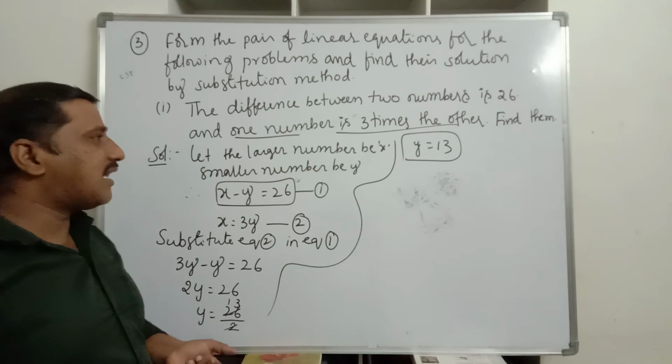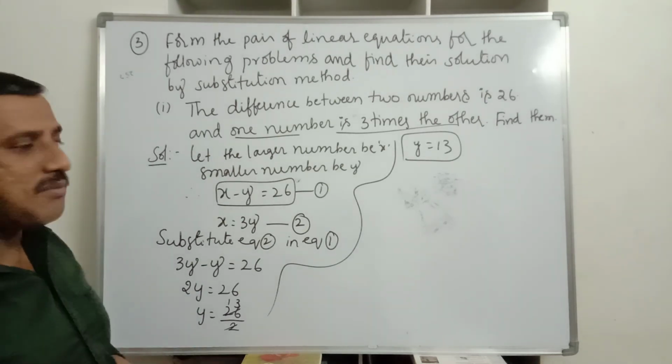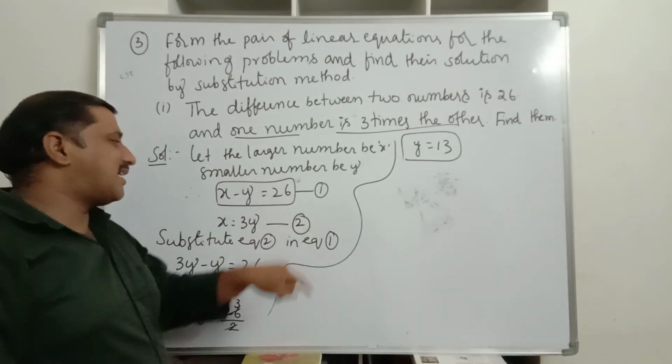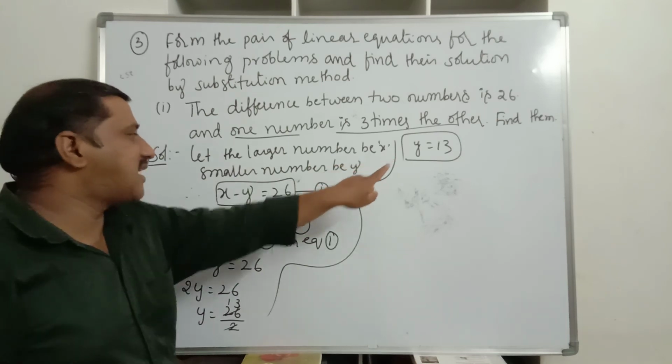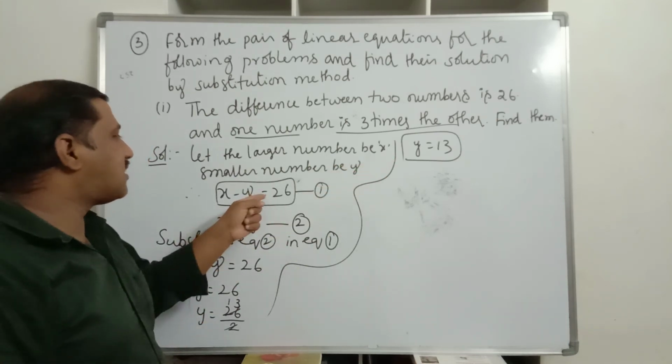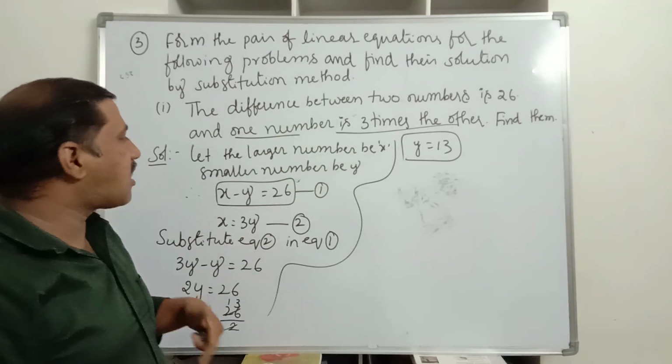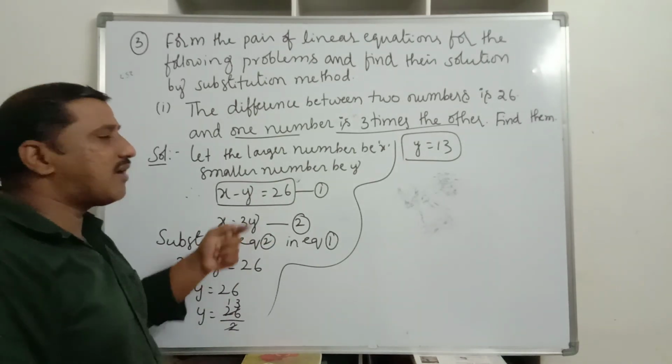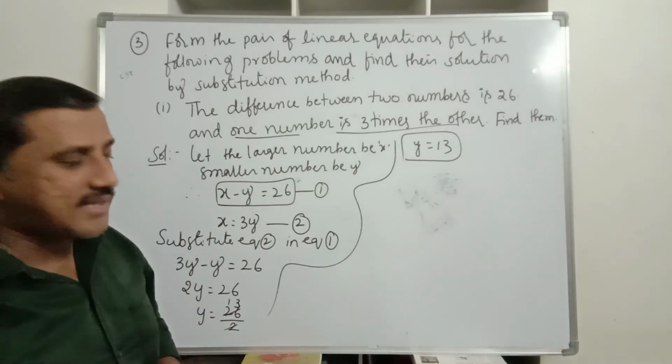Now we need to find the greater number. The greater number is nothing but x. To find the x value, substitute y is equal to 13 either in equation 1 or in equation 2, so that we get the larger number, that is x.